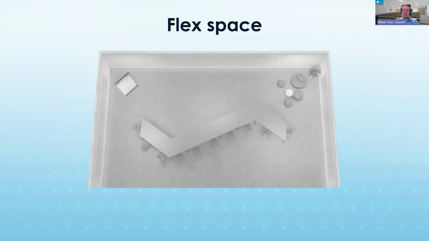When we talk about flex spaces, well, this is where things get interesting, and really where that planning is required, because this is going to be a combination of everything that we just talked about, and there might be changes between the presentation and table-based collaborations. So not only is it a flexible space in terms of what we can do in there, we might be moving things around, changing things up, so you're going to need some flexibility with those cameras.